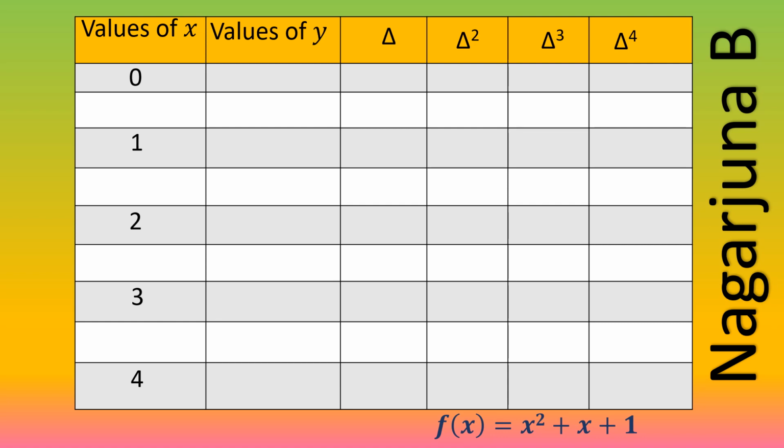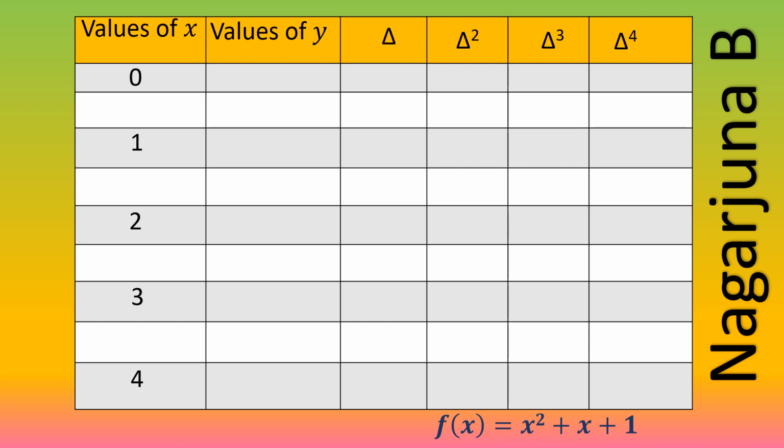The next, values of y. From where do we get the values of y? When we substitute the value of x in f of x, we get the corresponding value of y for that particular x value. I have written the f of x function here. You can see f of x is equal to x square plus x plus 1.